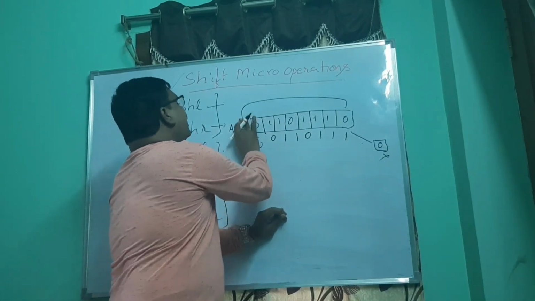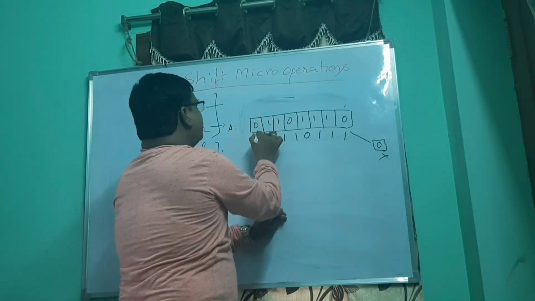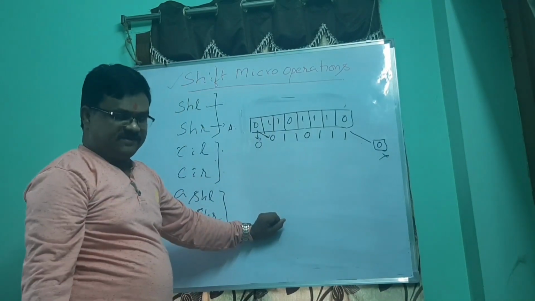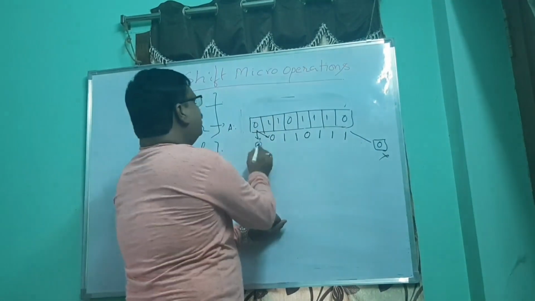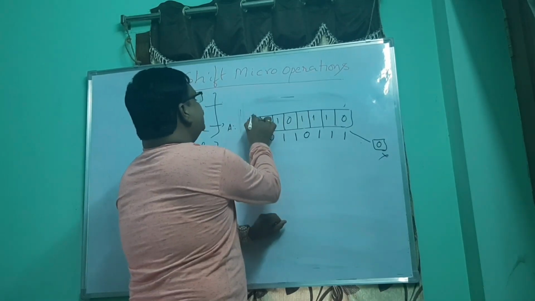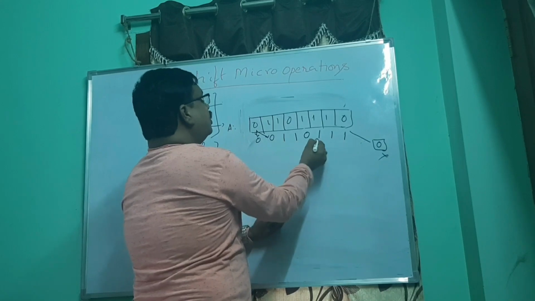Whereas in the arithmetic operation, the same number that is copied here will be transferred. Now, you can see the difference between these two numbers. It is 0, 1, 1, 0, 1, 1, 1, 0. It is 0, 0, 1, 1, 0, 1, 1.